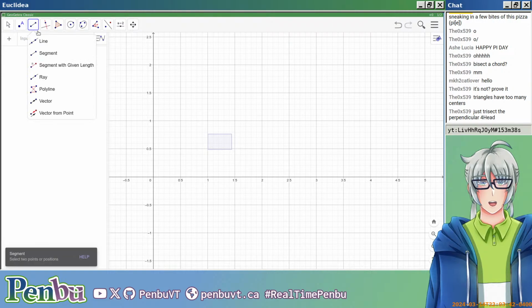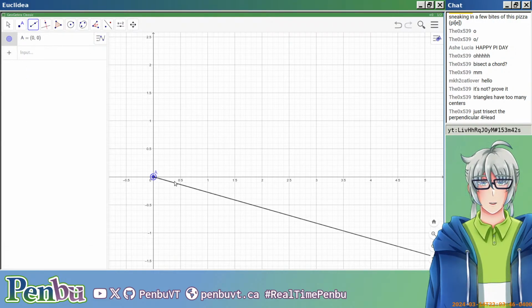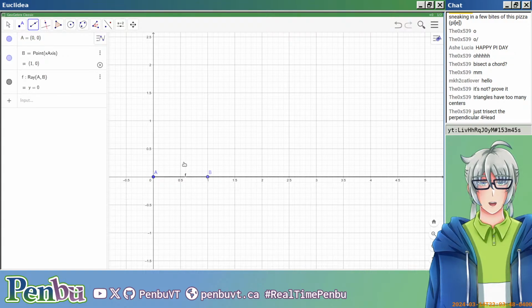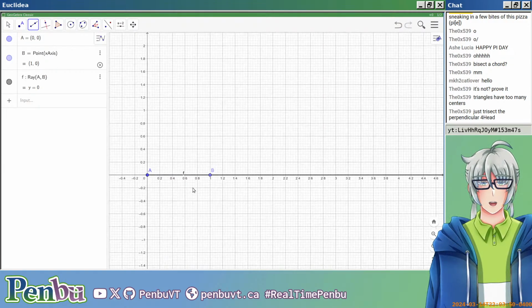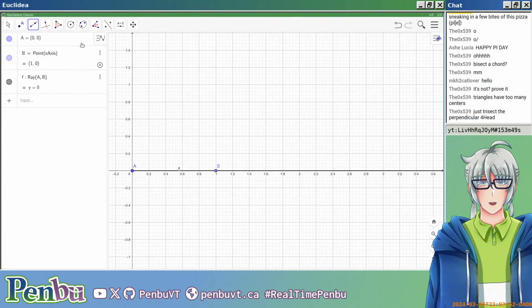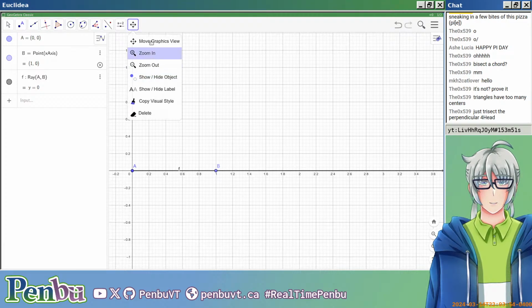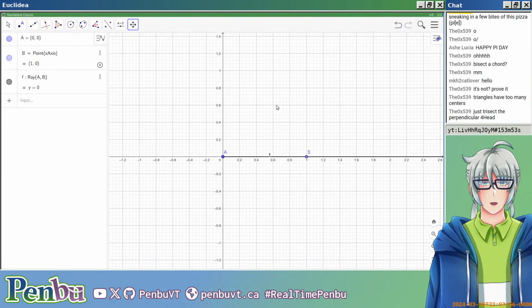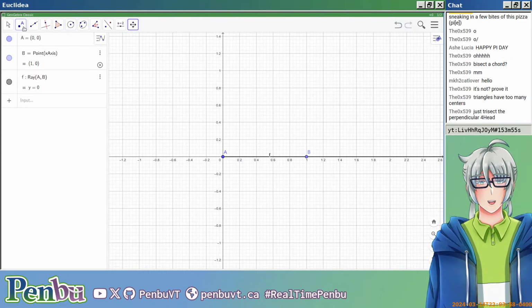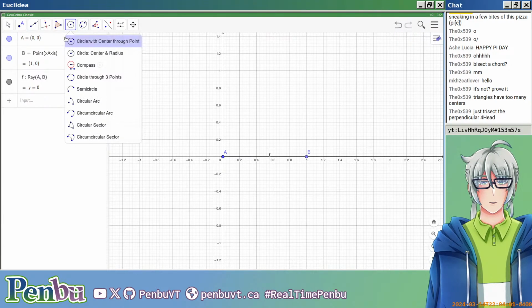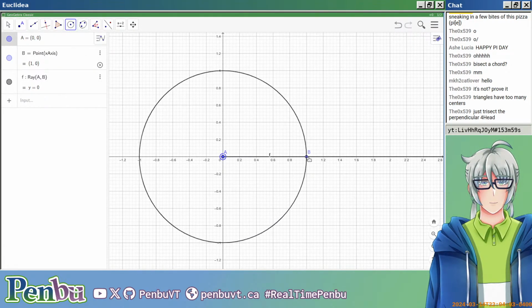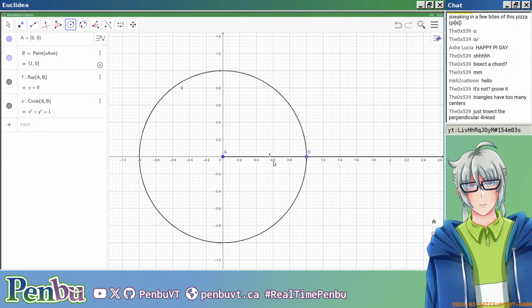So we had a line segment, or a ray from here to here. AB is equal to 1, and so we created a circle that has a radius of 1.